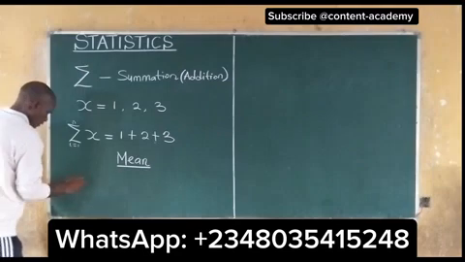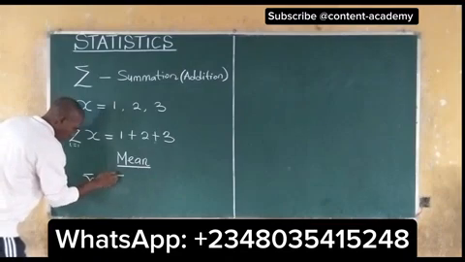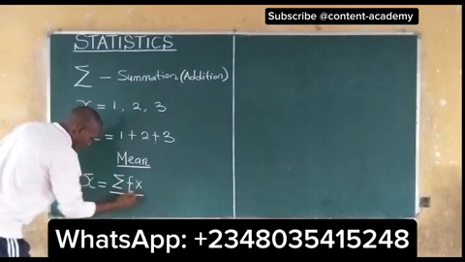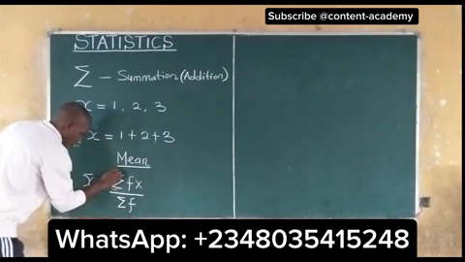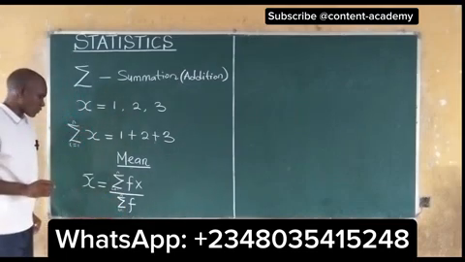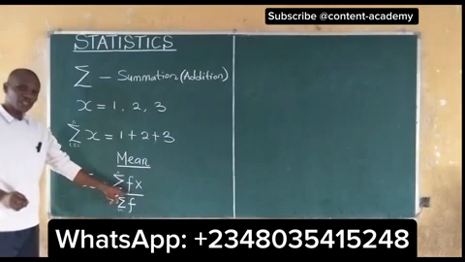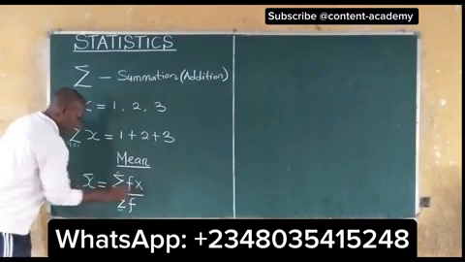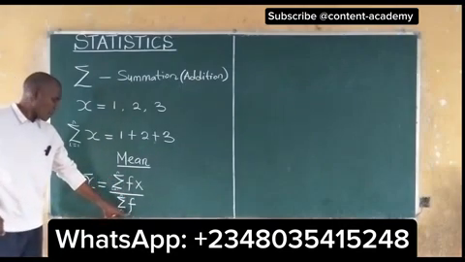So what it means is that the mean, which is denoted as x bar, is equal to the summation of f of x, that is for grouped data, divided by the summation of f, as i running from 1 to n. So this is how we can calculate with the summation sign. And this f is the frequency, and these are the data sets. So the mean is the summation of f of x divided by the summation of f.